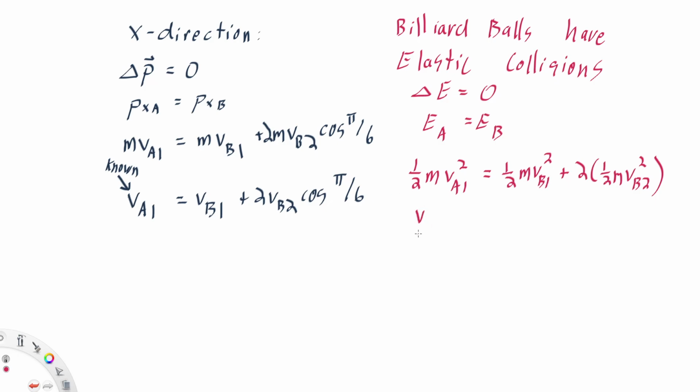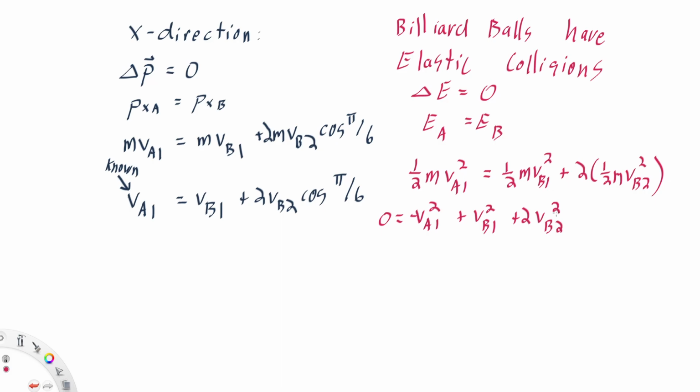And I'm going to go ahead and move everything to the right-hand side of this equation. Okay. Now here we have another equation with the same unknowns as we got when we analyzed the situation using momentum. So what can we do?